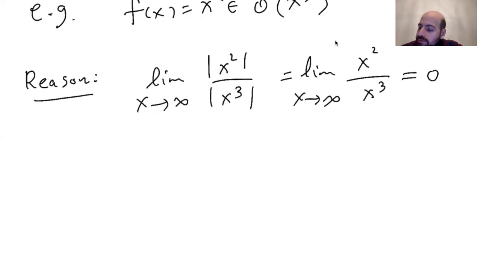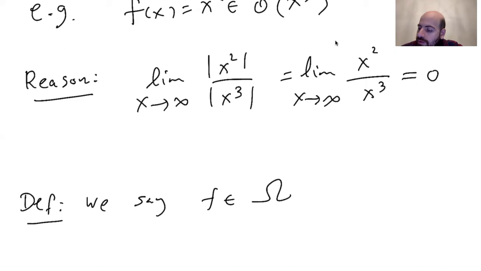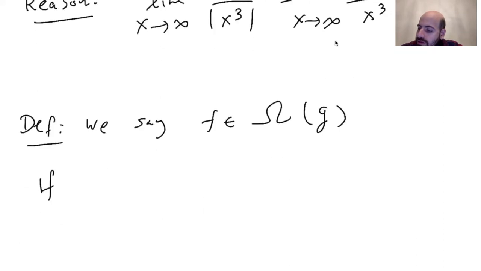And another notation is we say f is in capital Omega of g if f does not belong to small o of g. So capital Omega is the negation of small o.